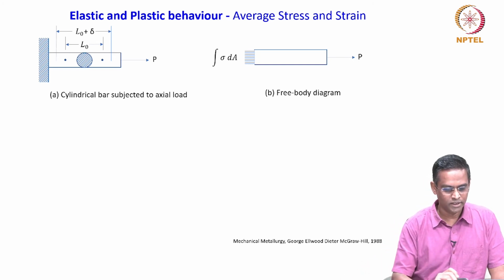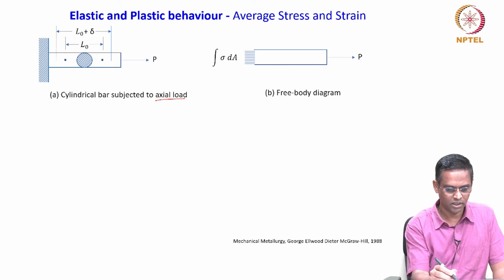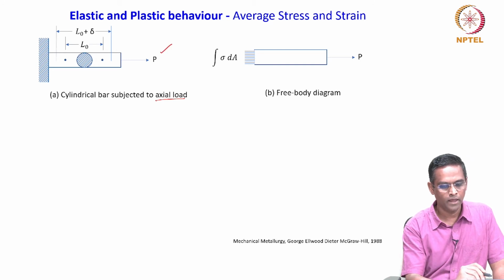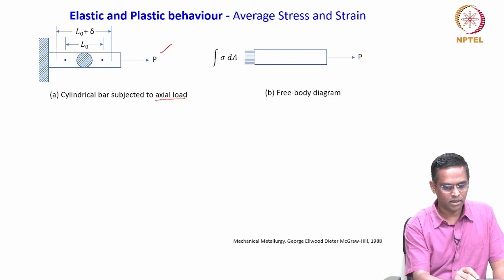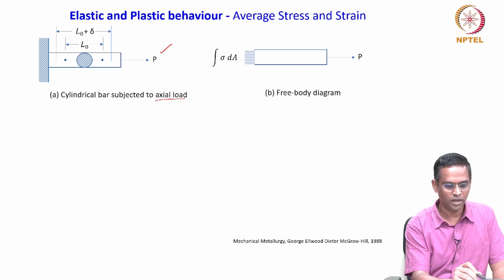So, what is shown in this figure is a cylindrical bar which is fixed at one end and which is subjected to an axial load, okay, in this direction, that is P, axial load P. And you can see that there are two points referring to L0, showing the initial position.